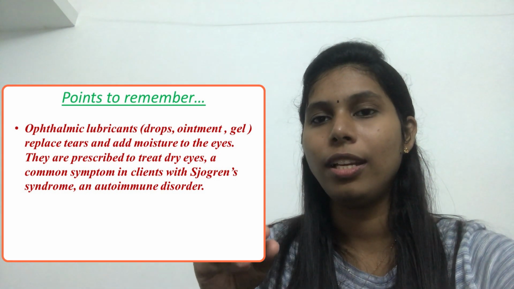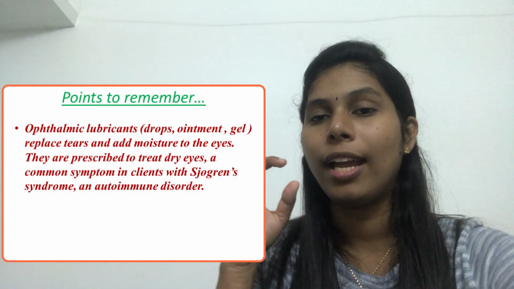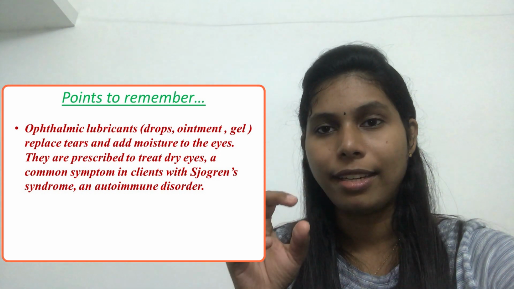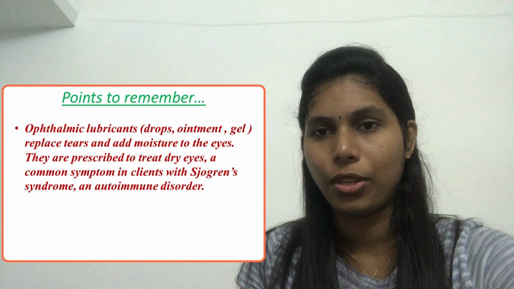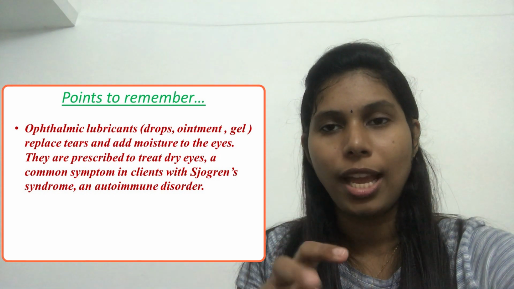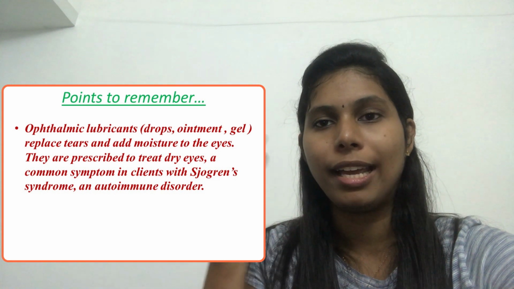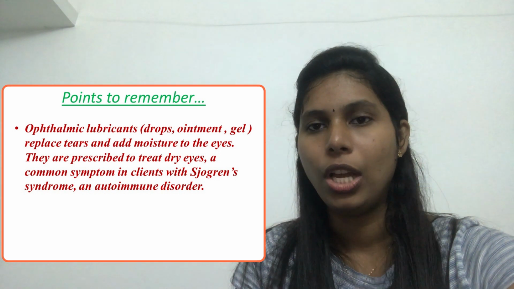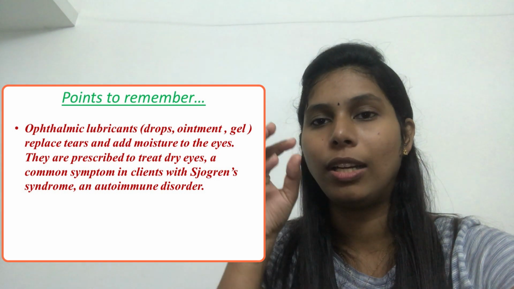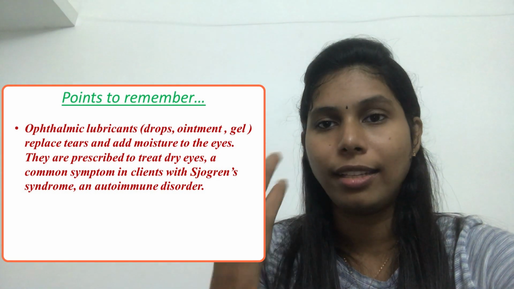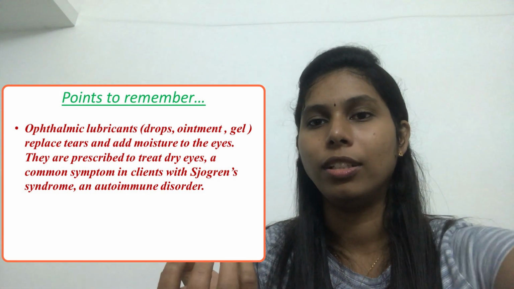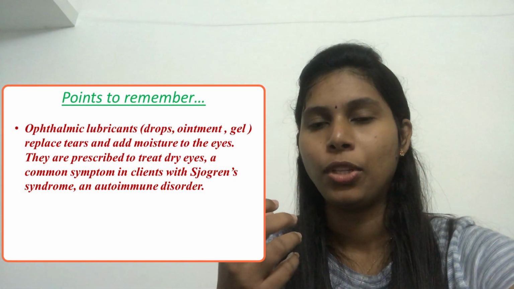In this condition, the client's immune system will attack the healthy cells that produce saliva and tears. So there is a lack of production and the client has the problem of dry eyes and dry mouth. That's why the doctor has prescribed an eye ointment or drops to lubricate and moisten the eyes.